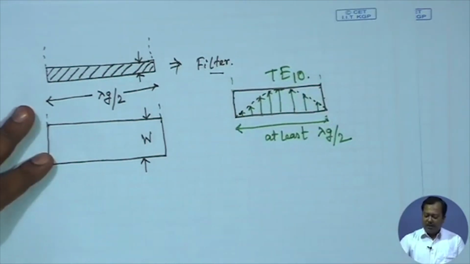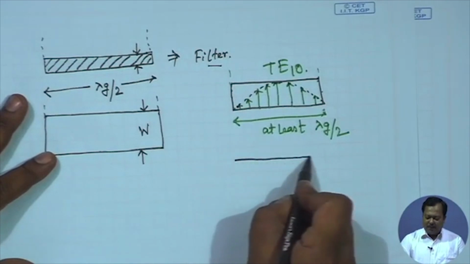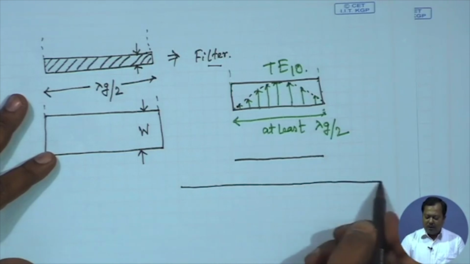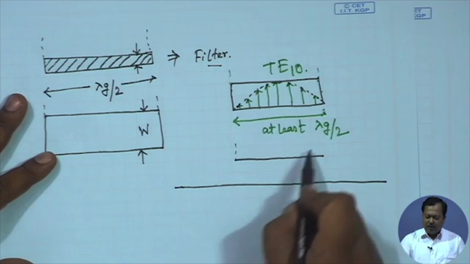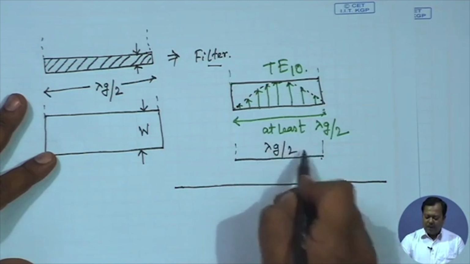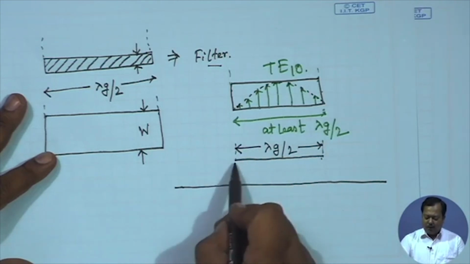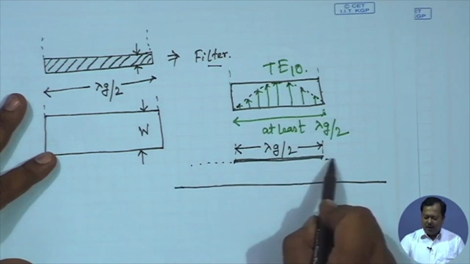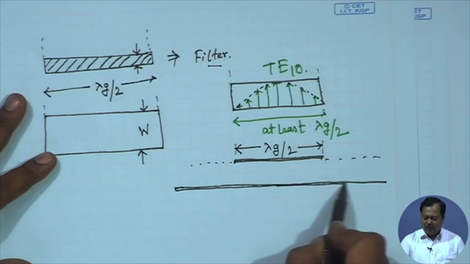Now consider a microstrip line. So, microstrip line strip, let's say it's too wide compared to the wavelength. How wide? Its width is now given as approximately lambda g by 2. So this is the strip, sitting over a dielectric, and this is the ground plane of the microstrip line.